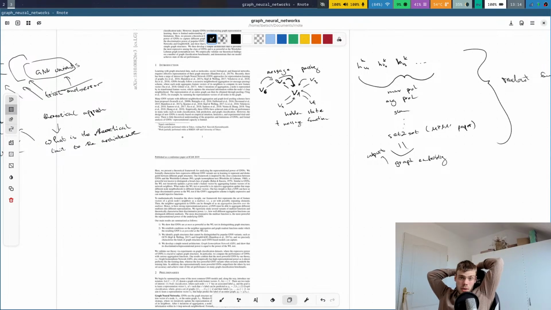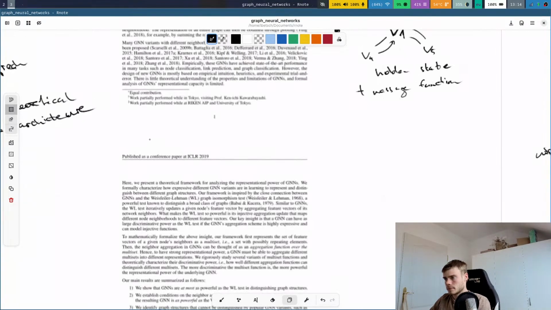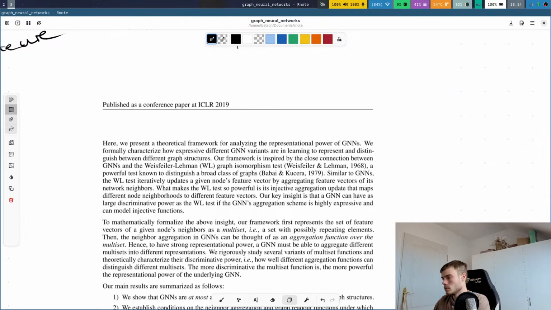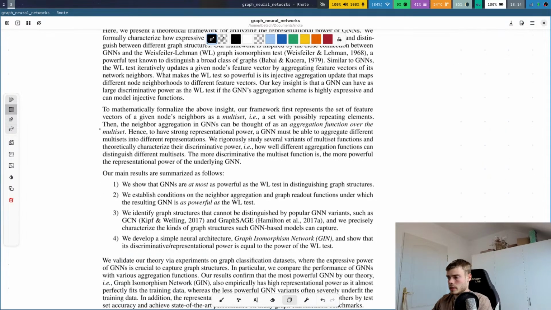And then they will propose probably an architecture that can. And they will also probably show that their approach is effective by testing it on a data set.